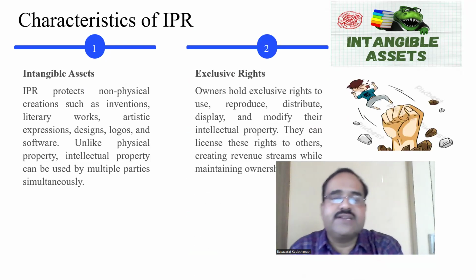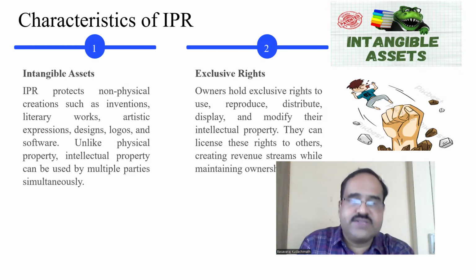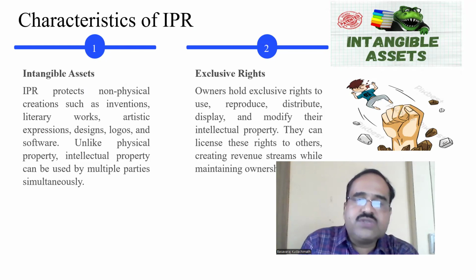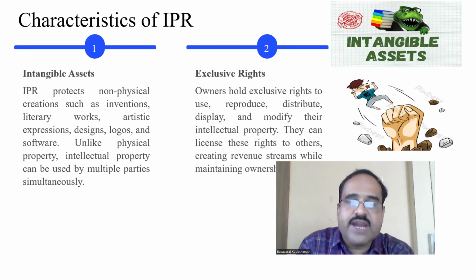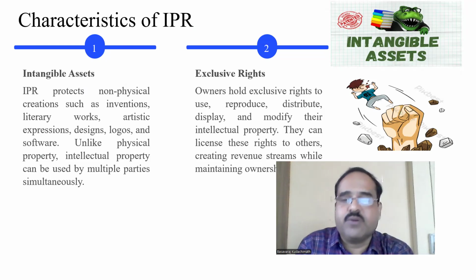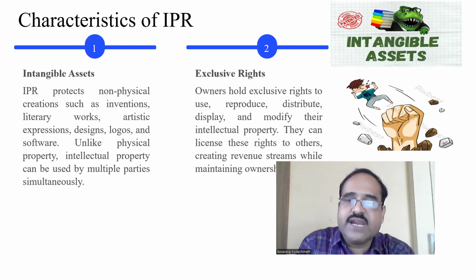The second important characteristic is exclusive rights. The owners hold exclusive rights to use, reproduce, redistribute, display, and modify their intellectual property. It means that intellectual property rights give the owners alone the ability to prevent usage by third parties.